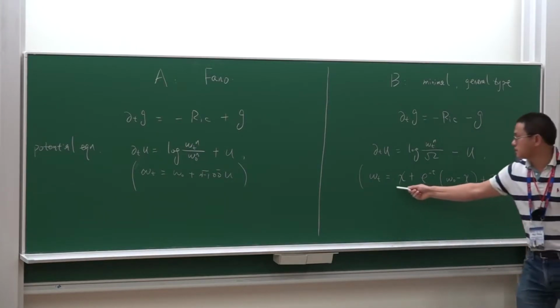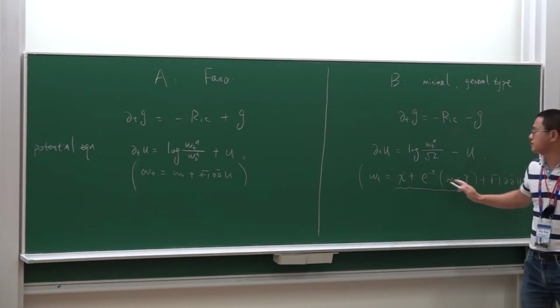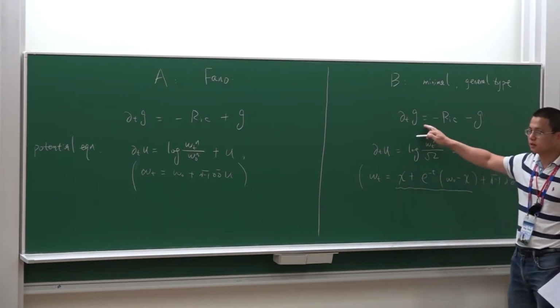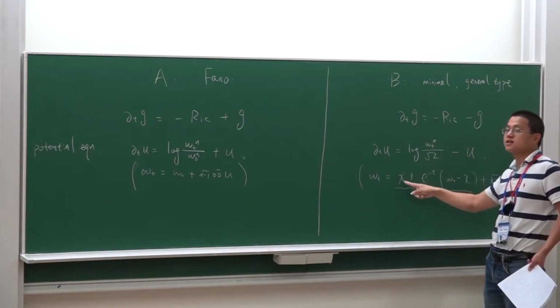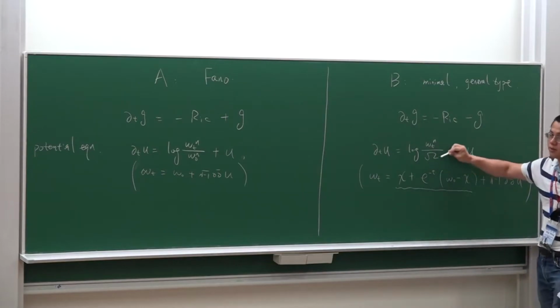This represents the class of the metric. How do you choose this chi? And how do you choose this capital omega?